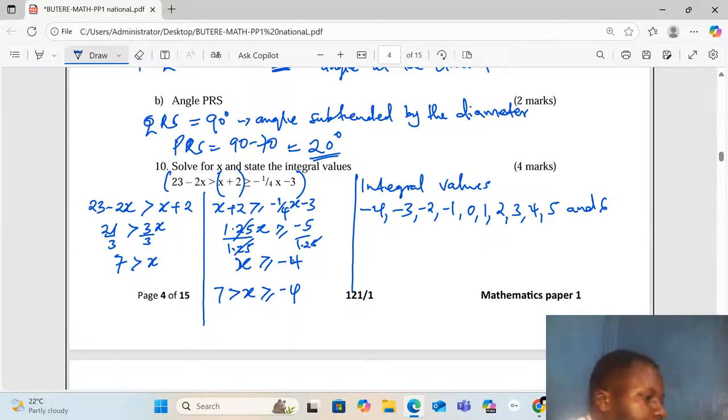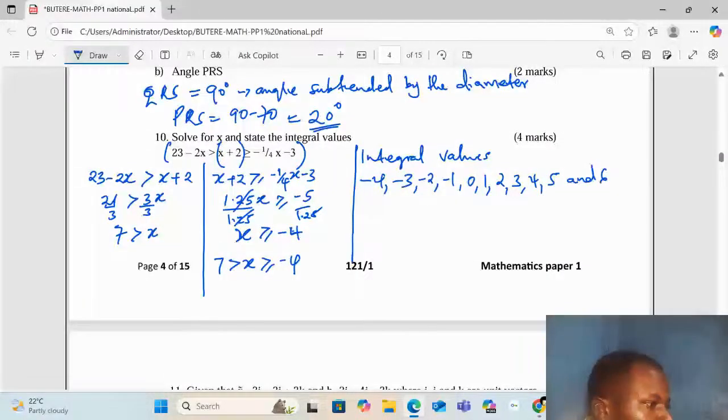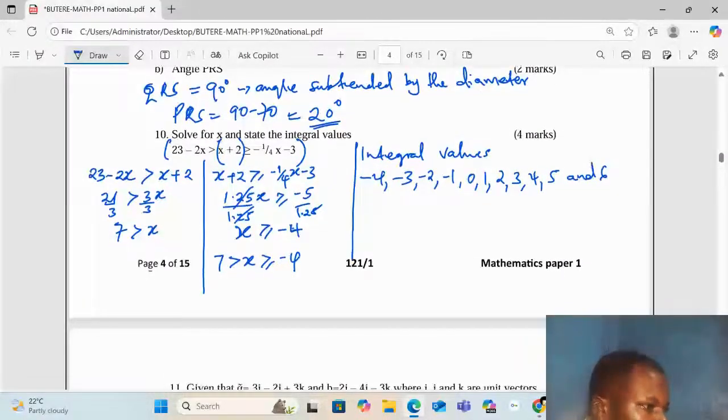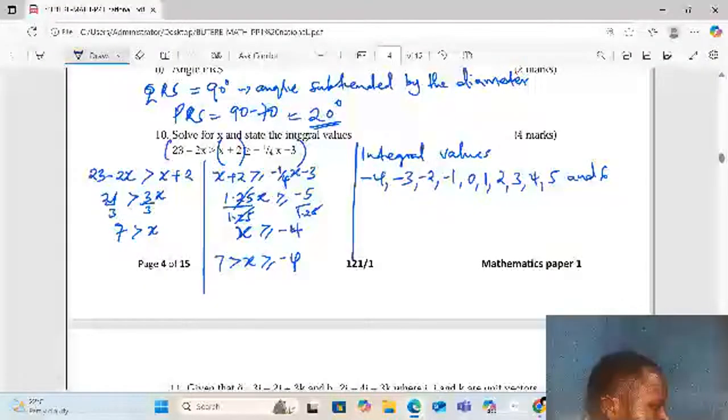It's x is less than 7, so 7 is not included. So these are now your integral values. Make sure you state the integral values for you to get everything.